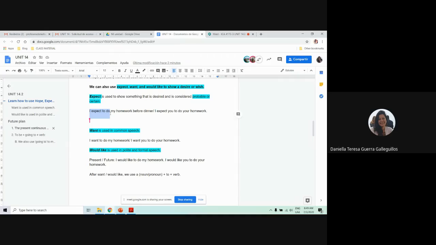Pero también tú puedes esperar algo de otra persona. Espero que tú, como aquí sale, yo espero que tú hagas tu tarea. Espero que tú pases todos los ramos. Espero que tú no falles, como se dice, no repruebes.